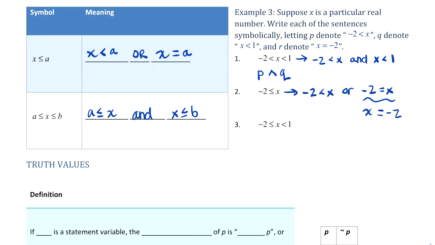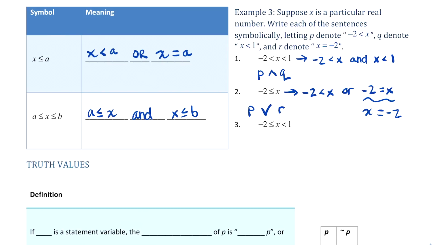Beautiful. So our expression would be P or R: P represents -2 less than X, and R represents X equals -2, and it's an or statement, so you'd put the logical or.